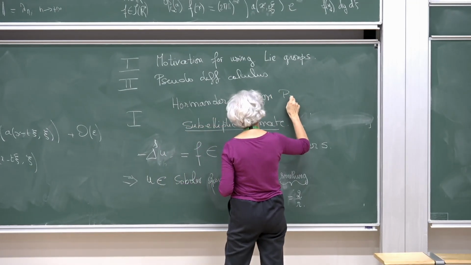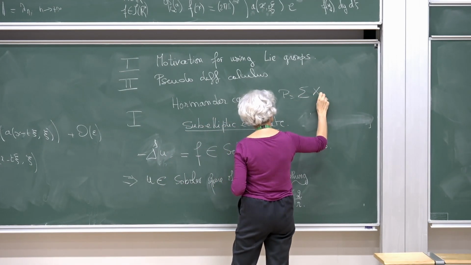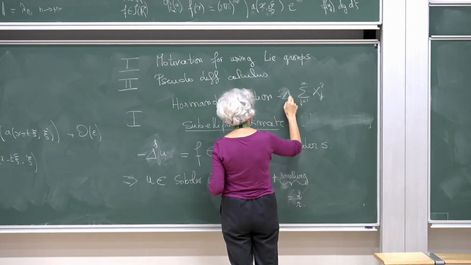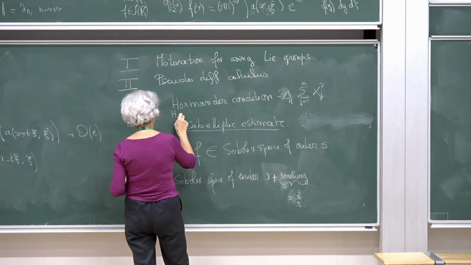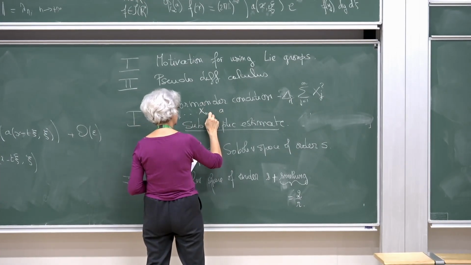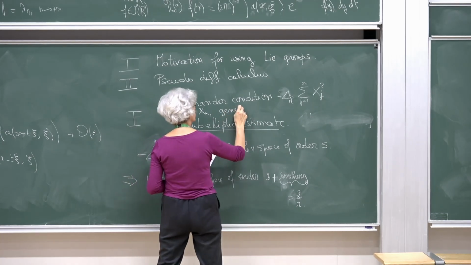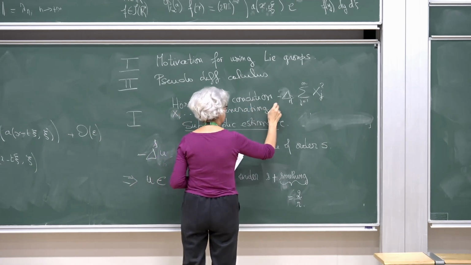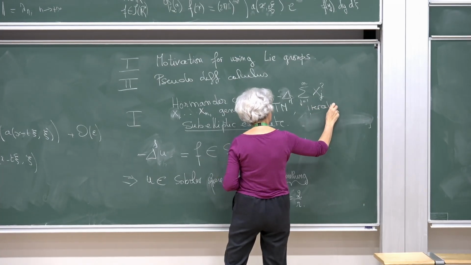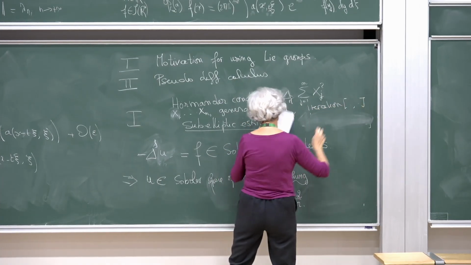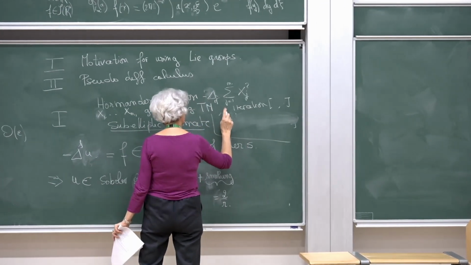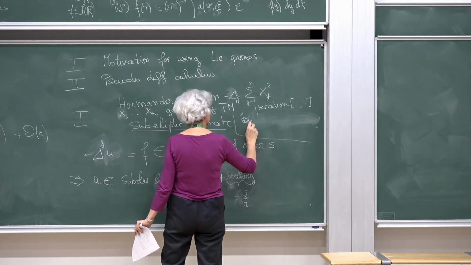I have my operator, which is the sum of xj square from the first strata, and I assume that x1 up to xn are generating all the tangent space by iteration of the Lie bracket. Then the operator is hypoelliptic.